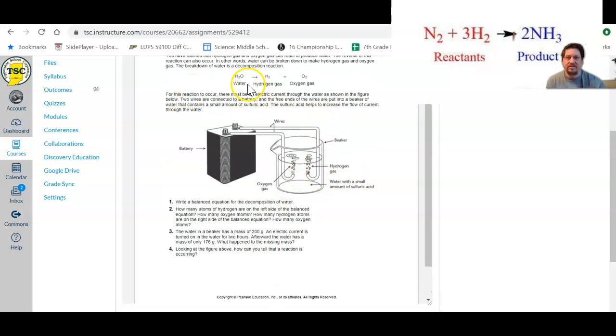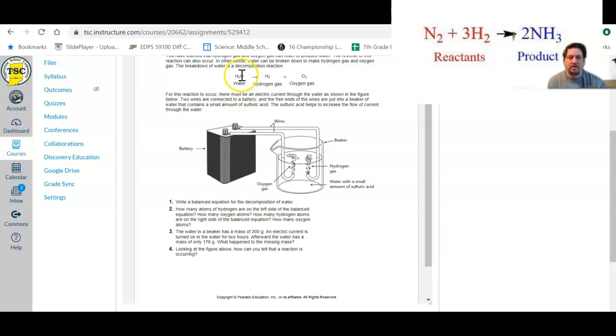Up here we have an equation. H2O yields H2 plus O2. This is not a balanced equation. See, there's 2 H's here, 2 there. That's good. And over here we have 1 oxygen, and on here we have 2. That's a problem.